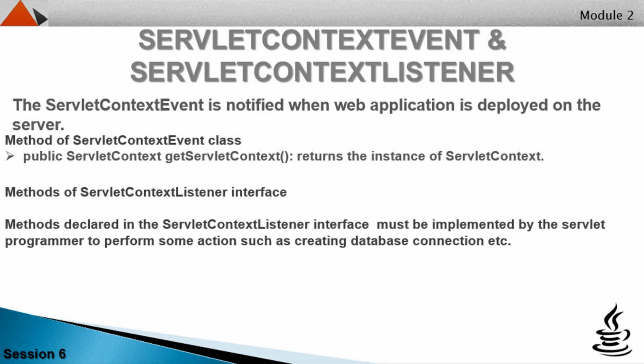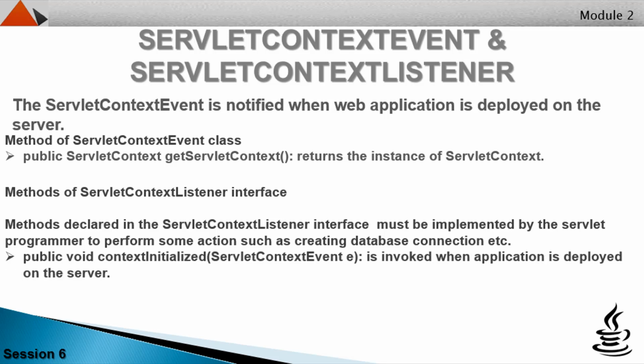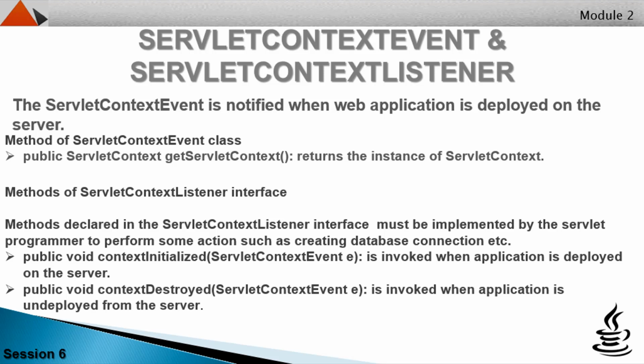There are two methods declared in the ServletContextListener interface which must be implemented by the servlet programmer to perform some action such as creating a database connection, etc. The public void contextInitialized(ServletContextEvent) method is invoked when the application is deployed on the server, and the public void contextDestroyed(ServletContextEvent) method is invoked when the application is undeployed from the server.